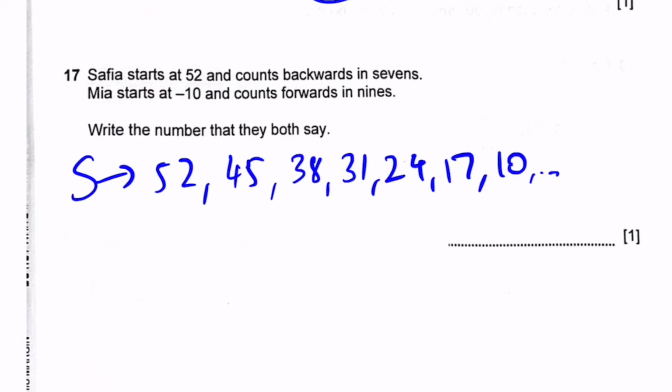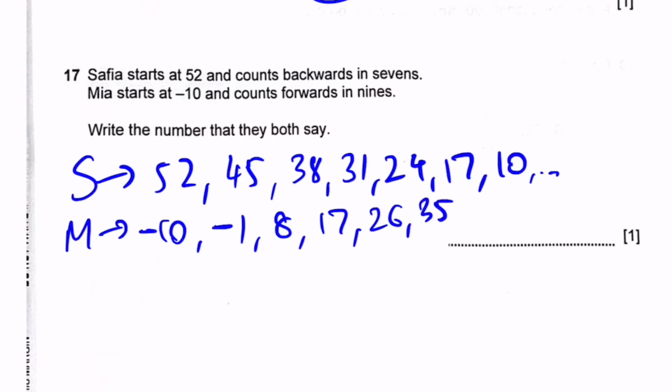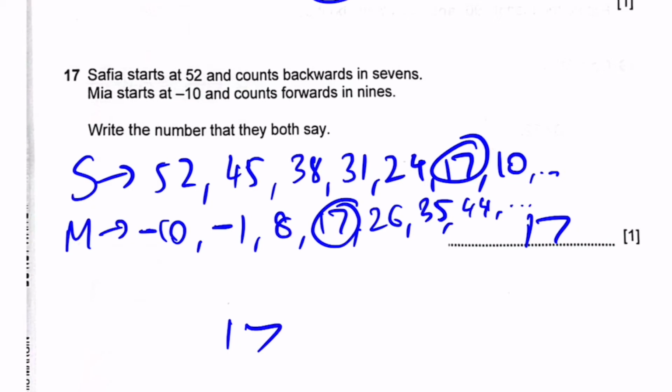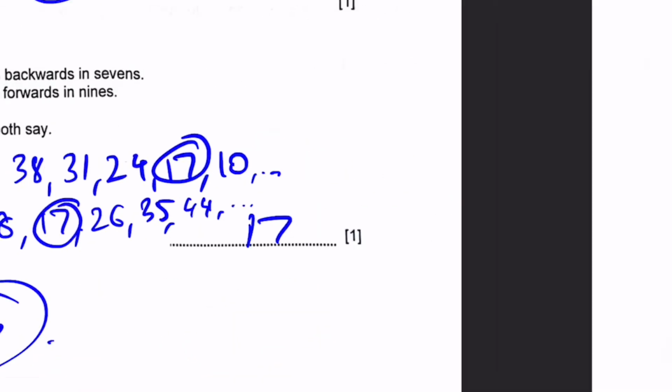And now for Mia, it'll go minus 10, minus 1, 8, 17, 26, 35, 44, and so on. So 17 is common in both of these, right? So the number that they both say is 17. That's the answer.